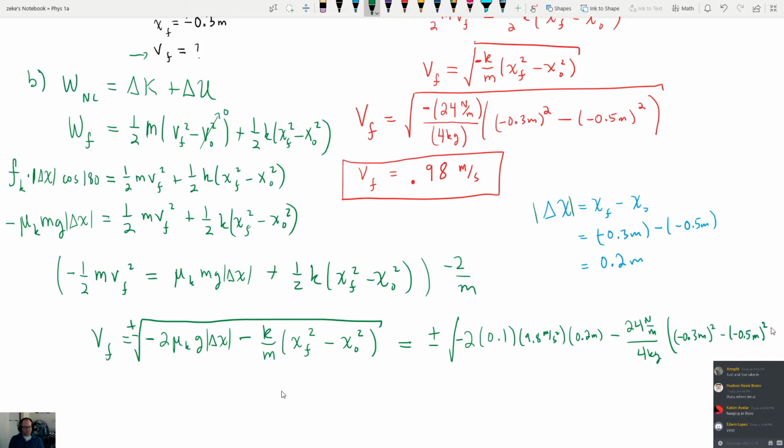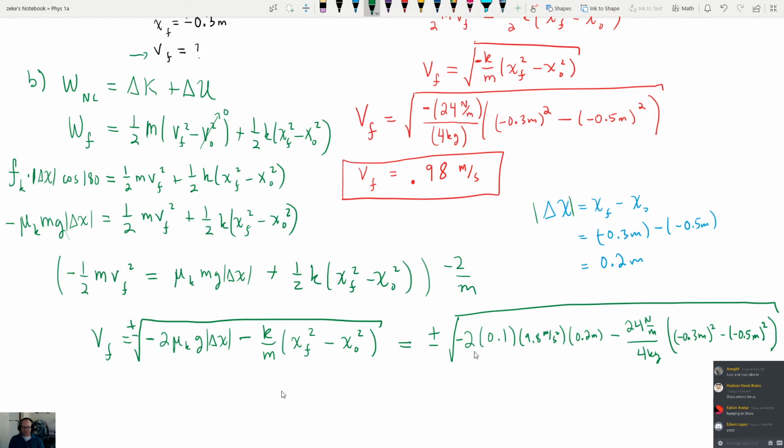Kind of running out of room here. Close parenthesis. And then we're just going to check, because there's so many things we plugged in there that it's very easy we could have made a mistake. All right, so let's go back to here. So this one had a negative sign on it. We added this to the right-hand side. Everything was positive, but then we multiplied through everything by negative 2 over m because we had to move this one to the left. So the first term became negative 2 times this.